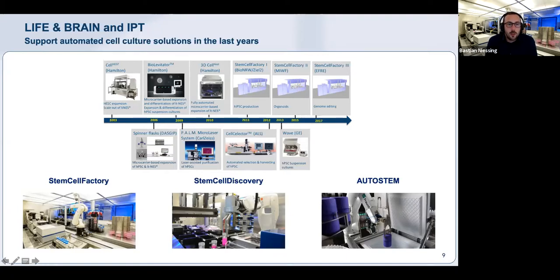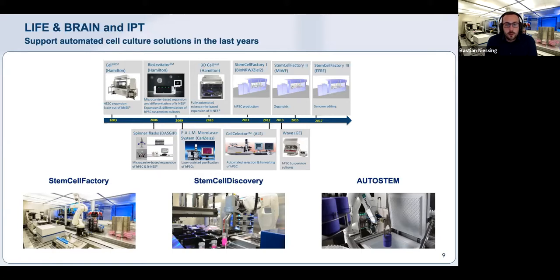And then we automated the process for media exchange and then automated incubation. Then there was a development of the so-called biolevitator, also with Hamilton. And then nearly 10 years ago, we started with the stem cell factory, where we wanted to produce induced pluripotent stem cells in an automated way. This is also what we're going to tell you later on.